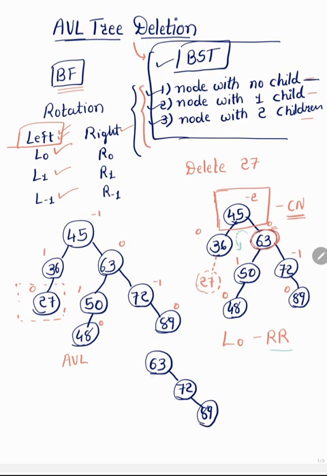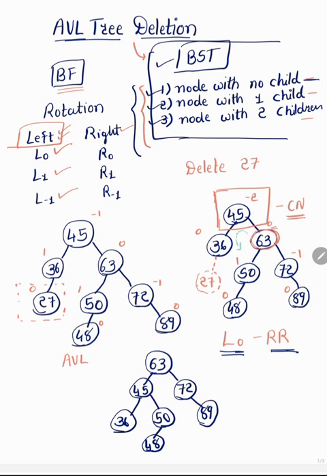The left child of 63, previously it was 50, but after rotation this 45 will become the left child of 63, and 45's left child will remain the same, 36, and this 50 which was previously the left child of 63 will now become the right child of 45. So 50 I am having over here, and this 48 will remain the same.